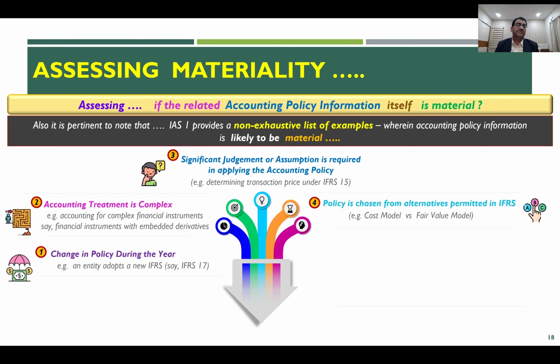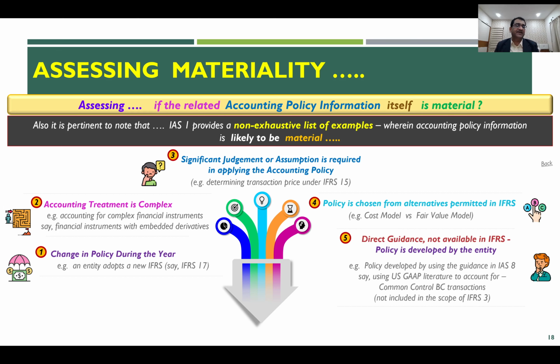And the last example given in the standard is the case where, let us say, an entity develops an accounting policy because for the type of transaction involved in a particular company, there is no direct guidance available under IFRS. Therefore, the accounting policy for such transactions has been developed by the entity as per the hierarchy given in IAS 8 or Ind-AS 8.